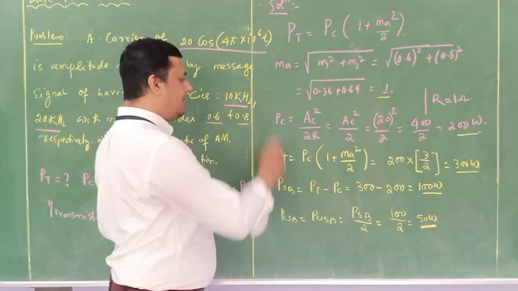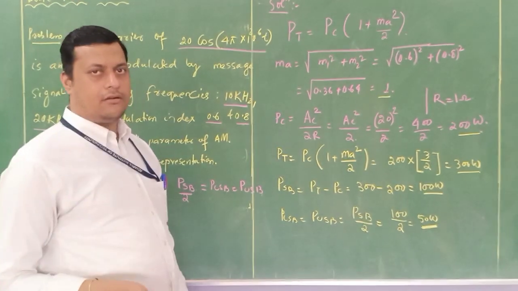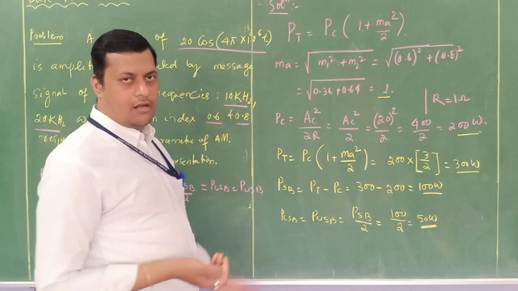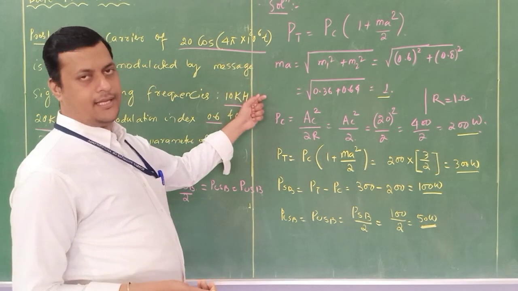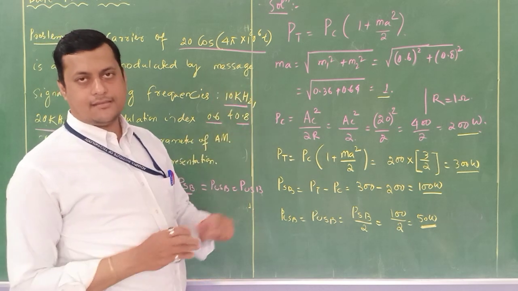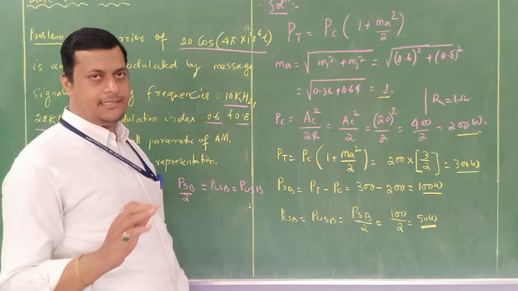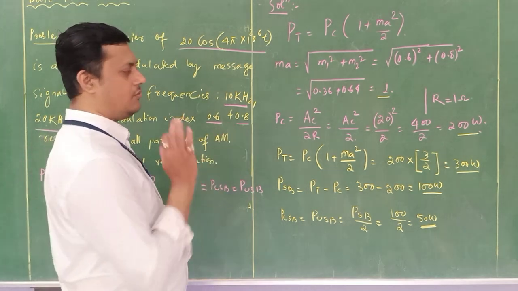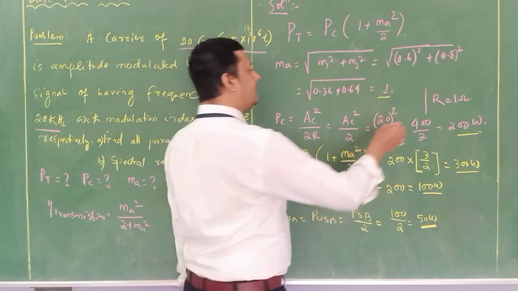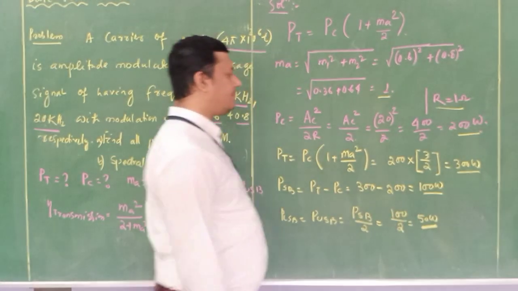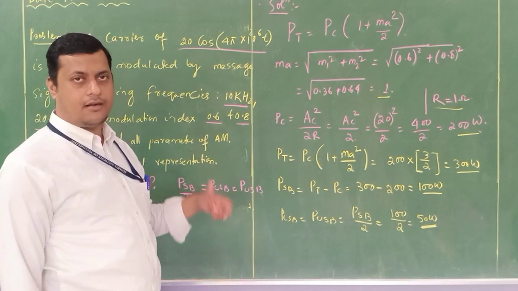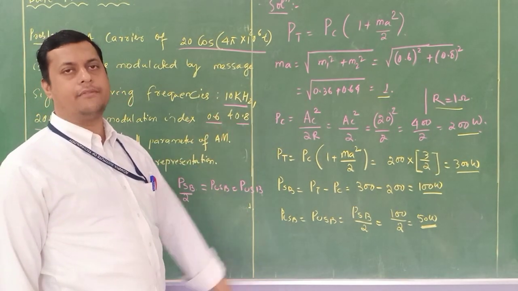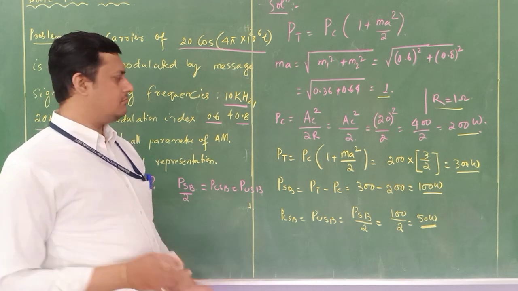These are the fundamental points which will be carried on in future problems also. One important thing: if the resistance of an antenna is not given, you have to consider the R value as 1 ohm. If it is given, well and good, substitute the R value, but if it is not given, consider R as 1 ohm.